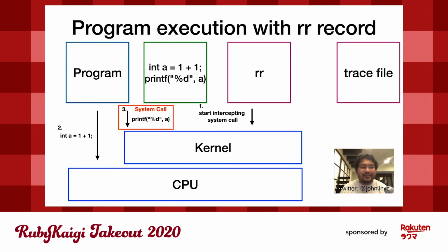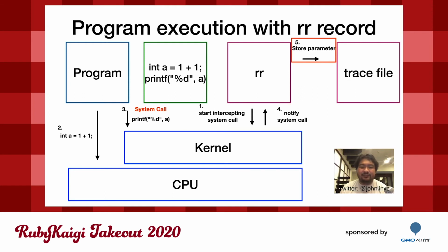And then the next one is when the program does a system call, and it calls the kernel to do the printf. But after the kernel receives that system call, it will not execute it directly. It will notify RR first that it got a system call, and RR will store the parameters to a trace file. Then the kernel will do the actual system call and call RR again.